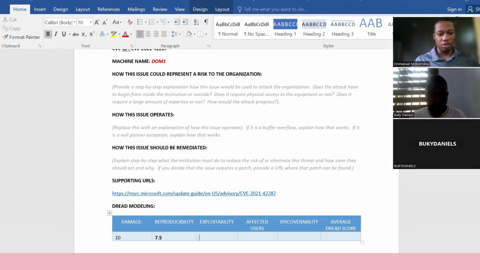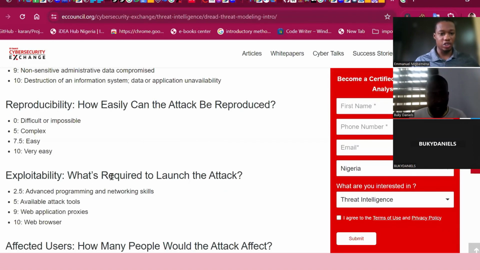Next one, exploitability. What is required to launch the attack? 2.5 is advanced programming and networking skills. 5 says available attack tools. 9 says web application proxies. 10 says web browser.